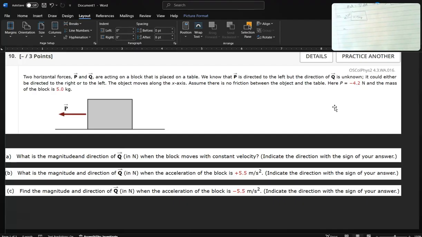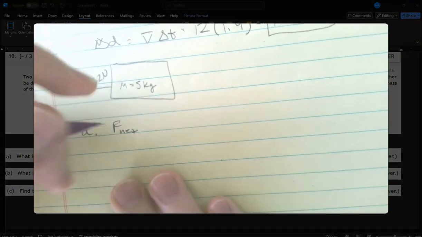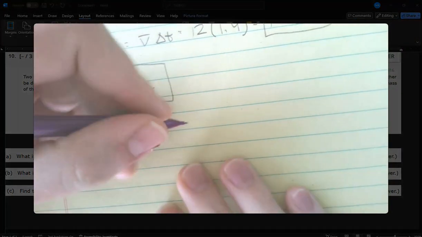Question A says, what is the magnitude and direction of Q when the block moves with a constant velocity? If you have a constant velocity, that means your acceleration is 0. And if your acceleration is 0, your net force, which is mass times acceleration, is mass times 0, so the net force is 0.